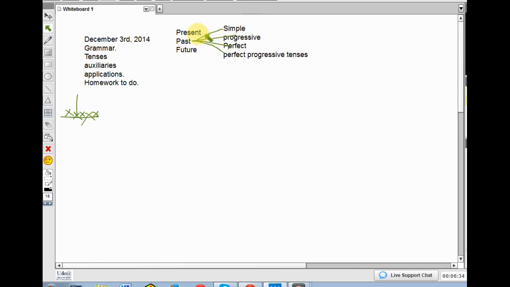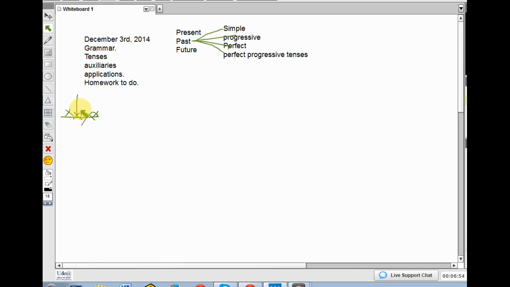Okay, let's continue for the other one. That is the present progressive. The present progressive, it's an action that is taking place at the moment of the speaking. Okay, it's an action that just is like this one. Imagine this action, but it started some minutes ago.